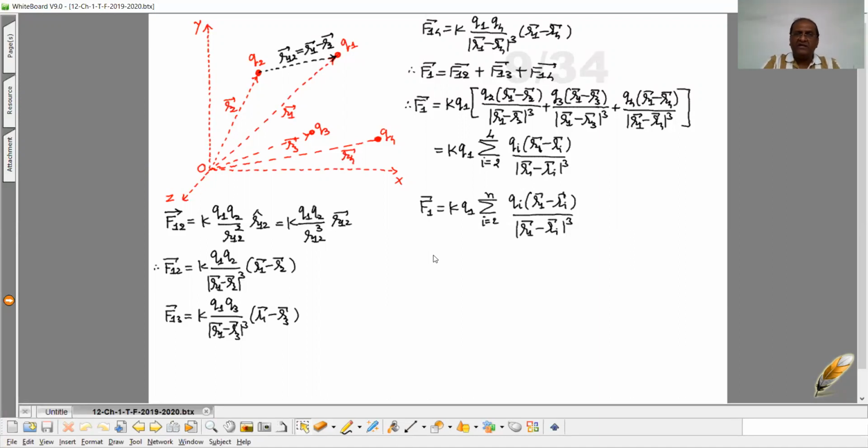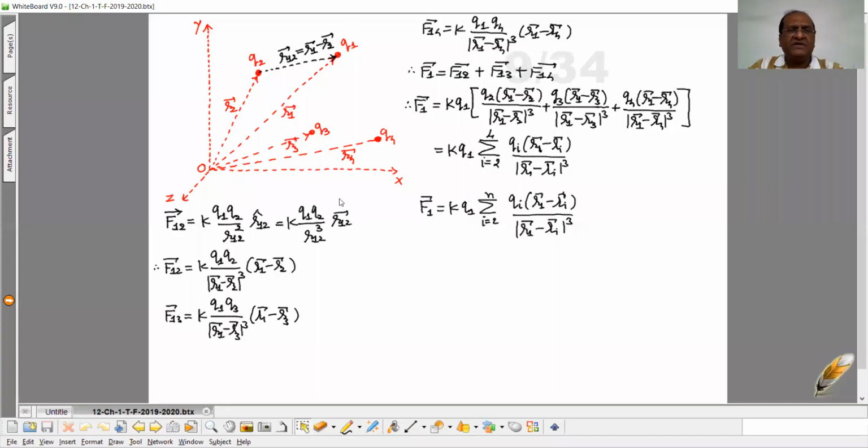If we want to calculate the force acting on any one charge due to n charges, then we have to take the vector summation of the forces acting on it due to each and every charge, and that is called the superposition principle.